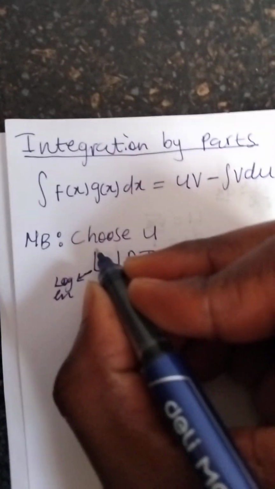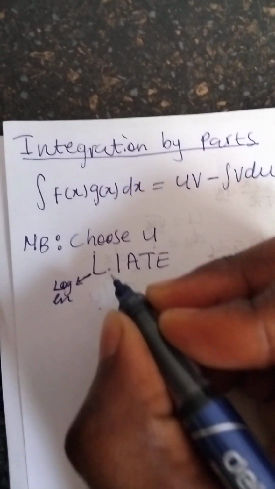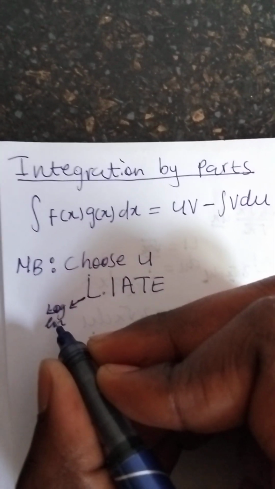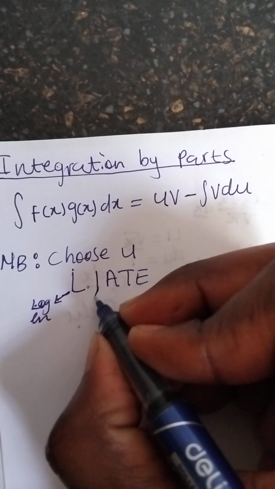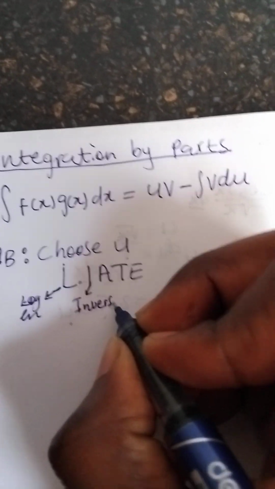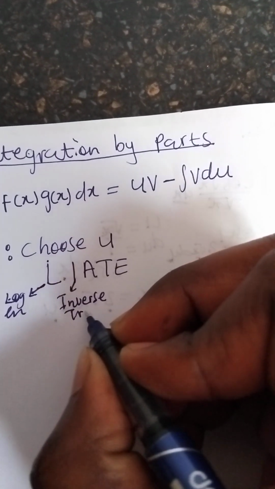Okay, the one that comes first is L. So this L is for logarithmic function, either log or ln. Okay, then I is for the inverse trig function.